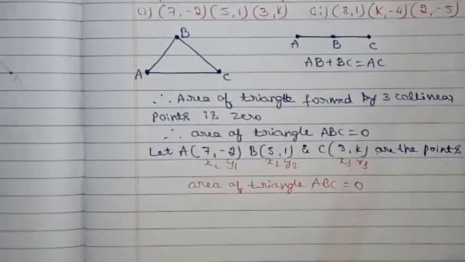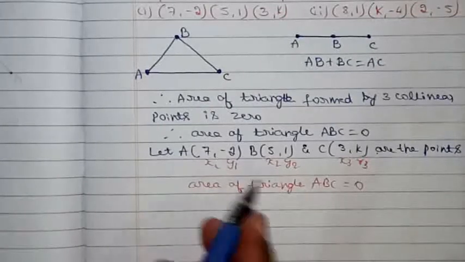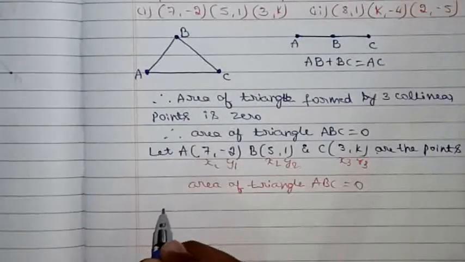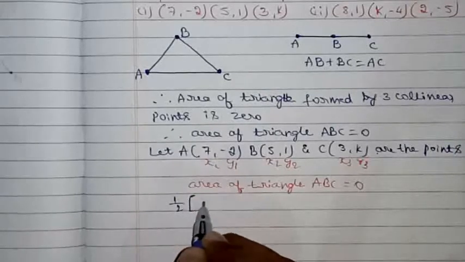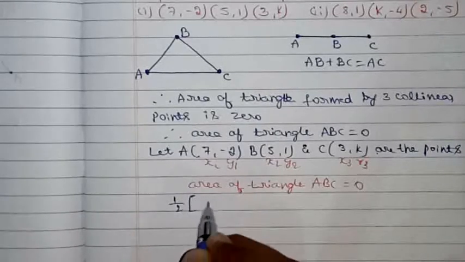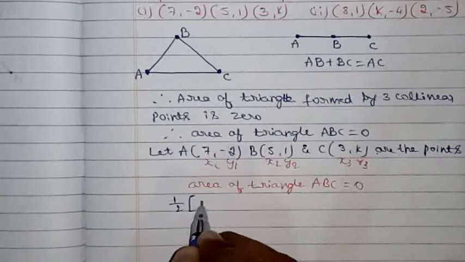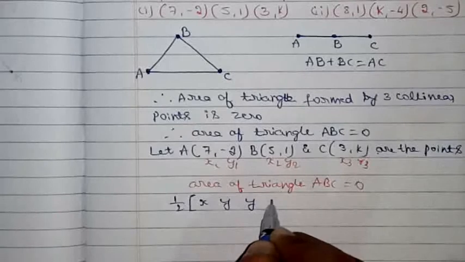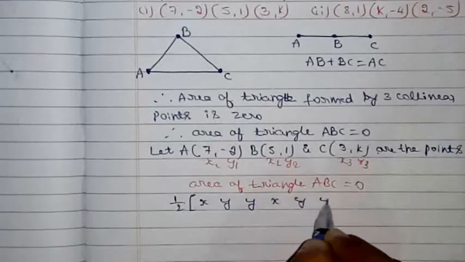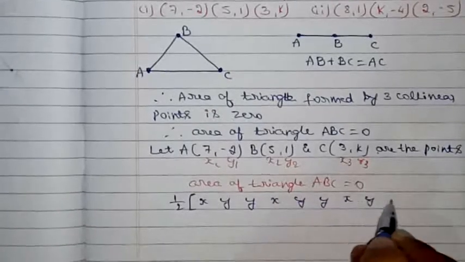Now what is the area of a triangle formula? Area of a triangle will be half into, as usual I have given a hint for you, so write down the first one as x, y, y, and next x, y, y, and x, y, y.